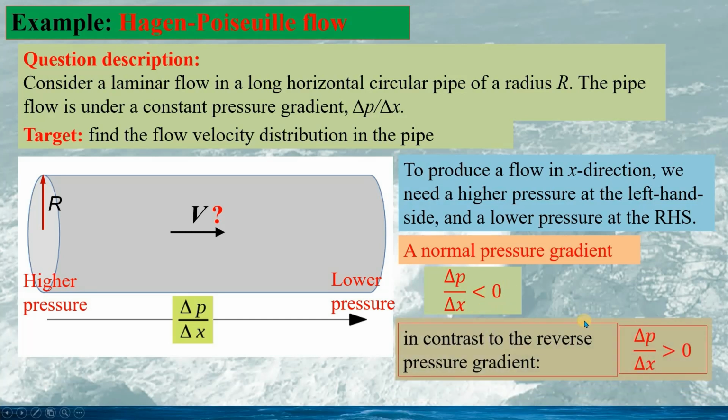This is in contrast to the more difficult problem, the reverse pressure gradient, where delta P over delta x is larger than 0. This means a higher pressure at the right-hand side of the pipe. The pressure is against the flow.